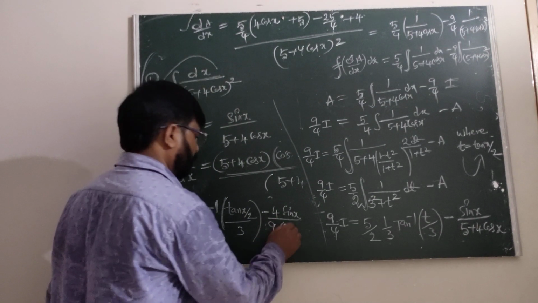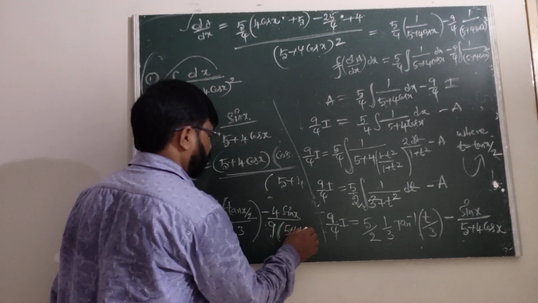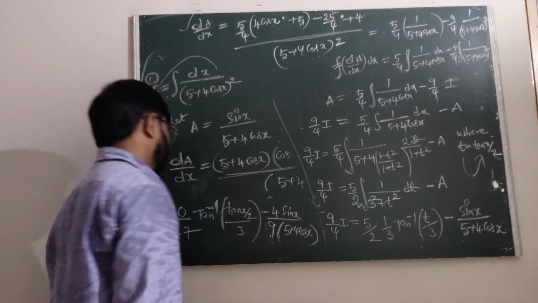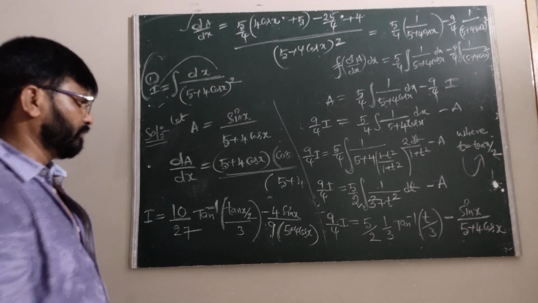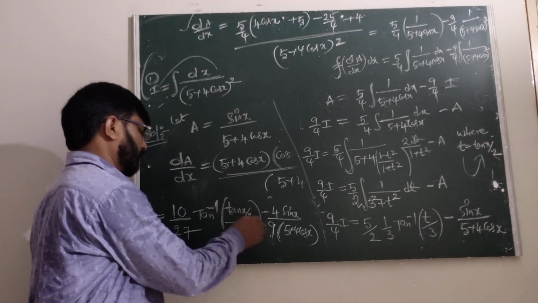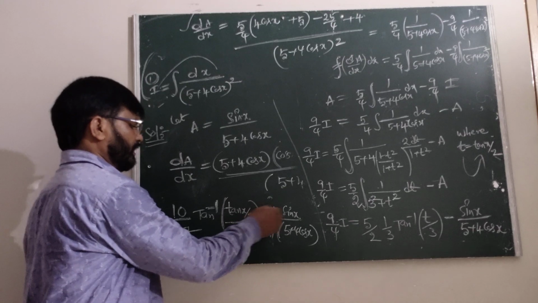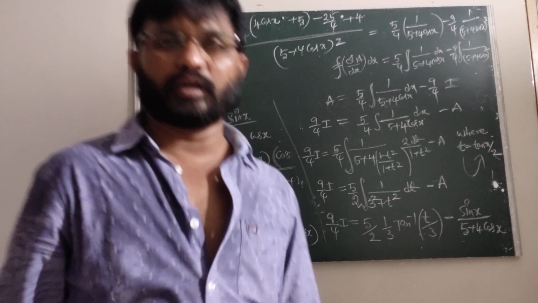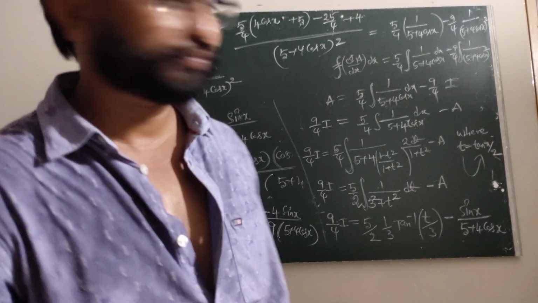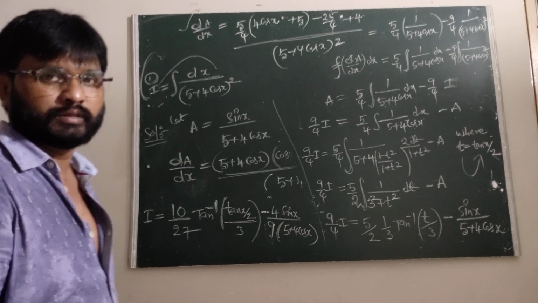This is the formula of I: 10 by 27 tan inverse of tan x by 2 upon 3 minus of 4 sin x upon 9 into 5 plus 4 cos x. Is it okay? This is the answer.